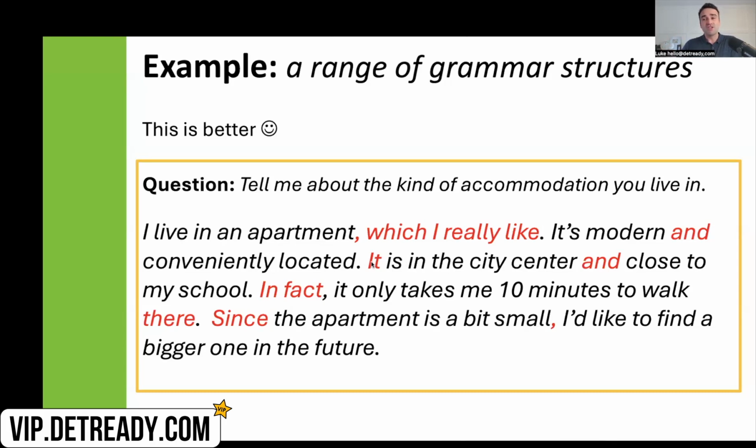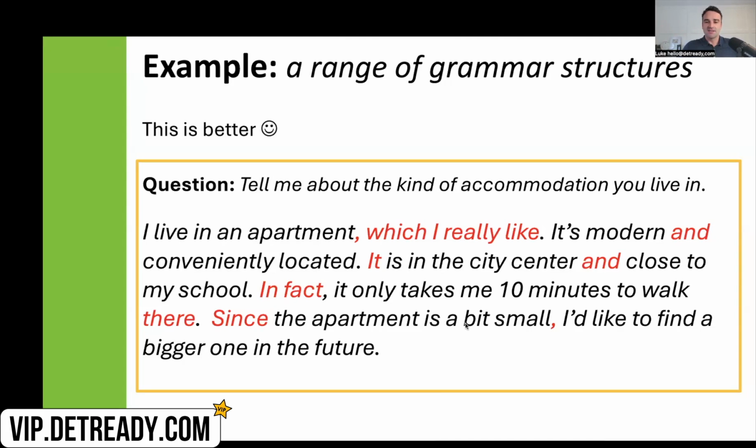I don't need to mention my apartment again. It's unnecessary. So instead, I'm sure you do in your language too, we use references. 'It' is a reference word for my apartment. It makes it sound smoother. Again, 'in fact' is used just to state an example.